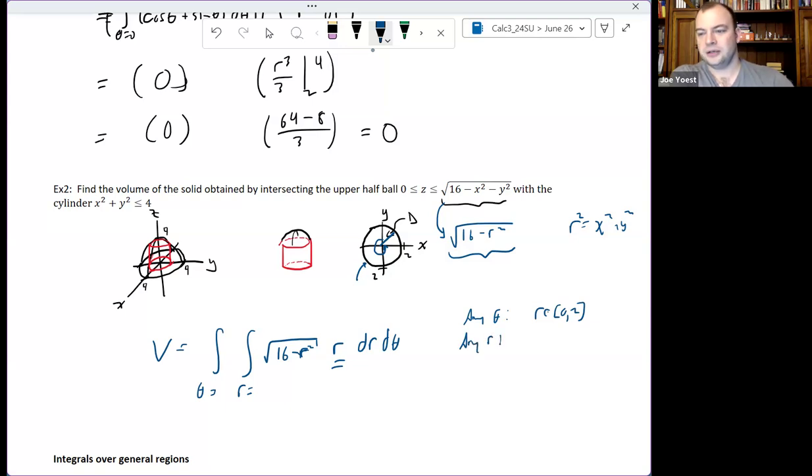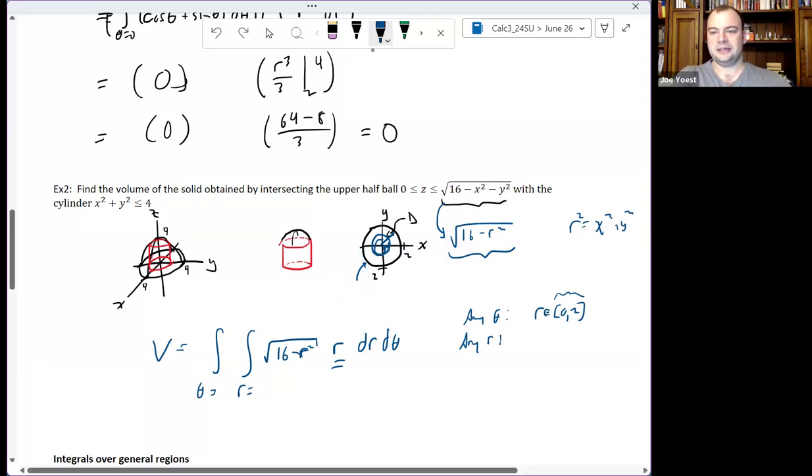And for any r, and when I say any r, I mean any r that is between 0 and 2, which we've found its range now, I can still pick theta any way that I want. It's not like if I pick r here, I can't pick theta over this direction or something.